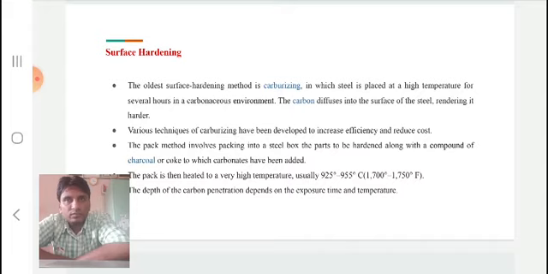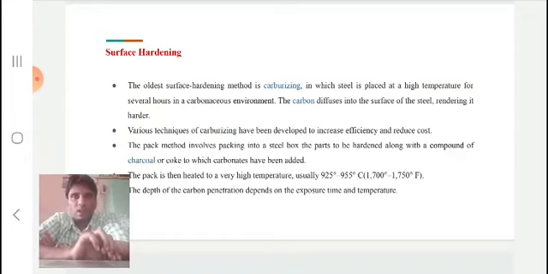And the advantage of this is we can also do carbonitriding on the surface of the steel by using ammonia gas instead of carbonaceous gases. Carbonitriding has more wear resistance than normal carbon diffusion.